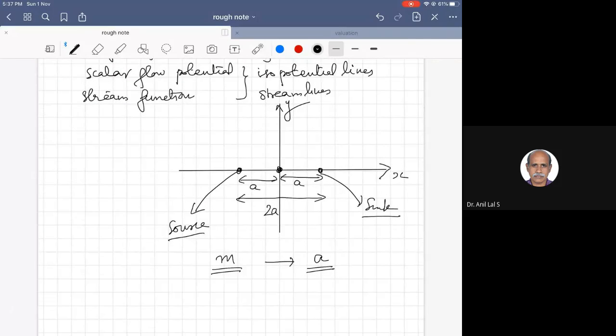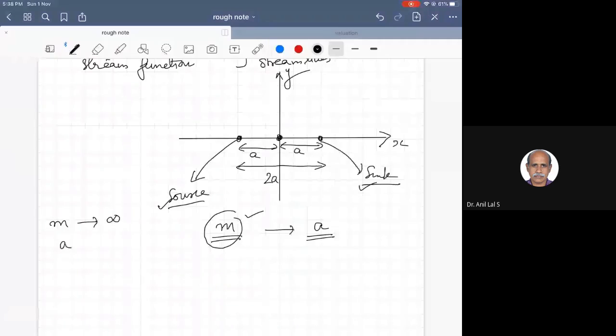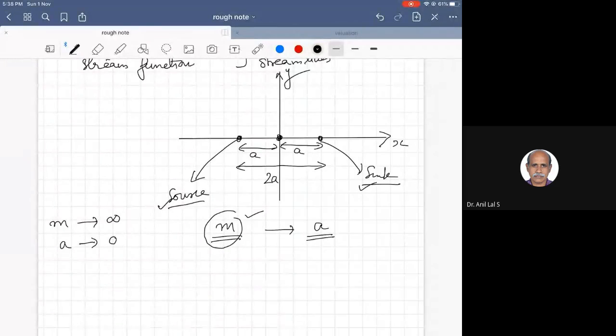The doublet in fluid mechanics is defined as a pair of source and sink placed along a line in such a way that the strengths of the source and sink are both equal and tend to a very large value, and the distance of separation 2a, and thereby a, tends to 0. So m tends to infinity and a tends to 0.